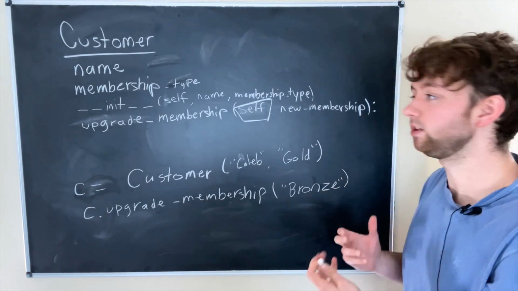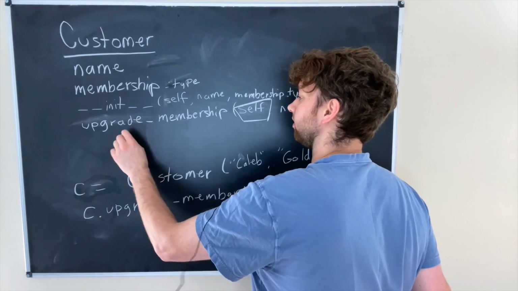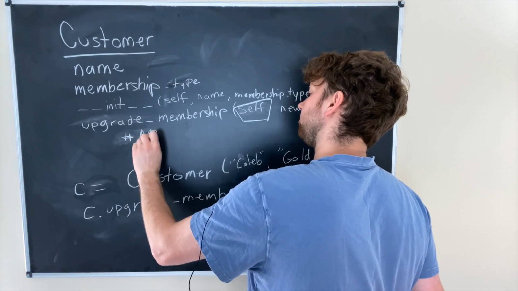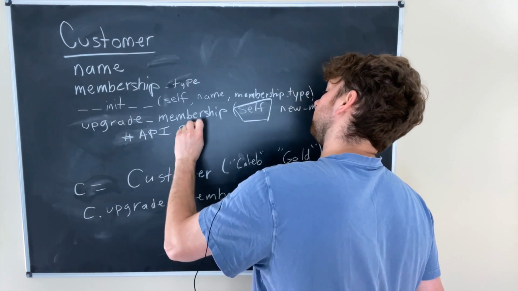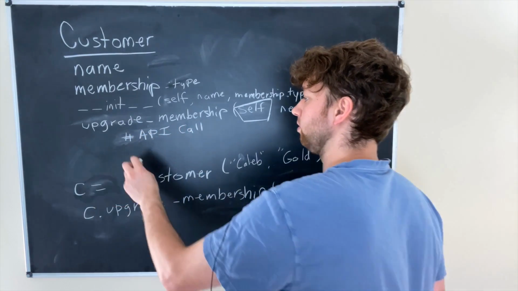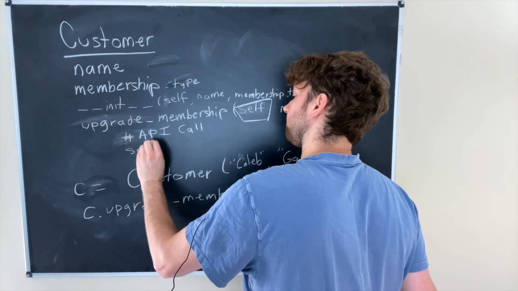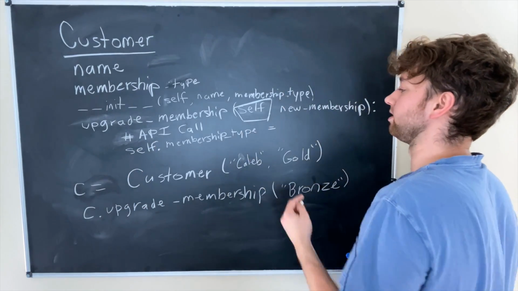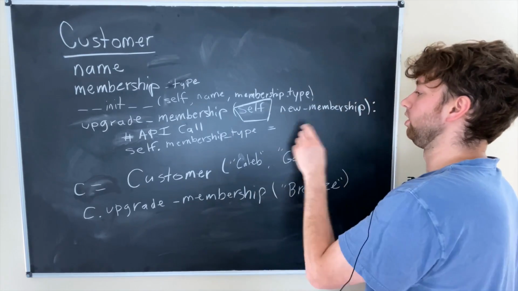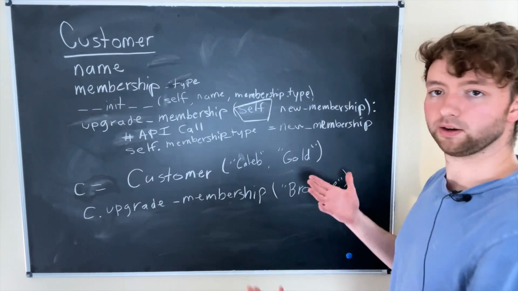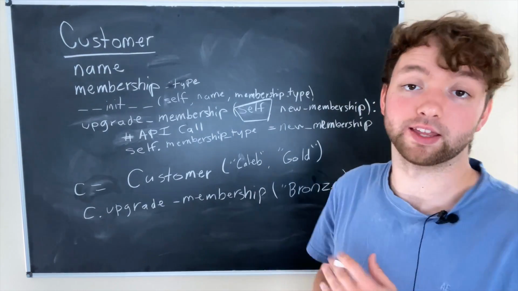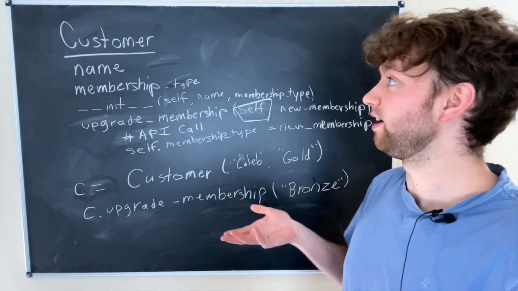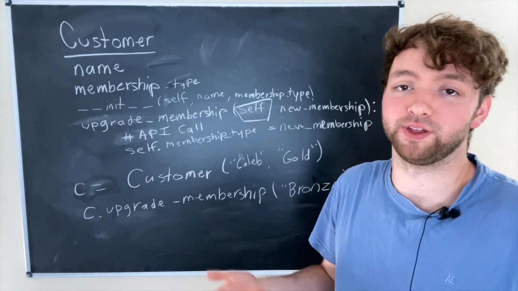We're going to have a colon, and then maybe some API call. And assuming that was successful, we could say self.membership_type is now assigned the value new_membership, like so. All right, so that was just a bunch of junk to say that, hey, we can create our own functions and put them inside of classes to call them methods.